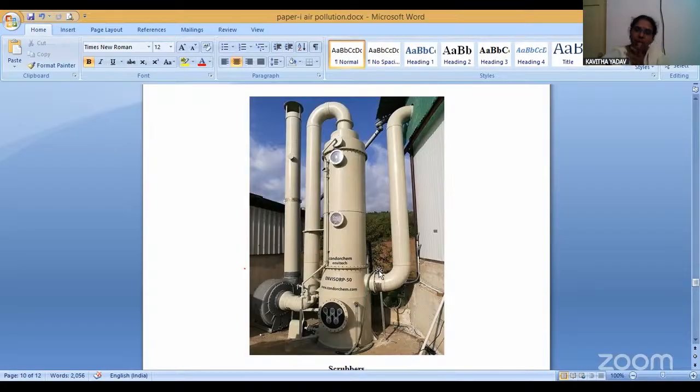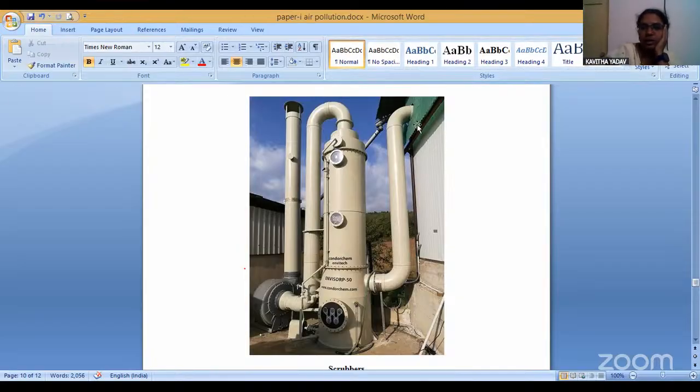In scrubbers also there are two types: the first is the wet scrubber and the second is the dry scrubber. Compared to the two, wet scrubbers are the most important and efficient at removing impurities and unwanted substances from the gases as well as the solutions.